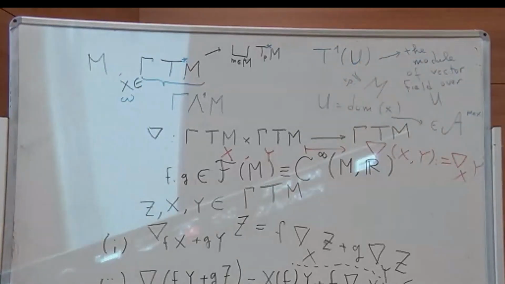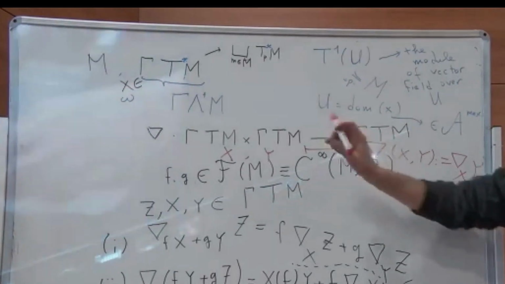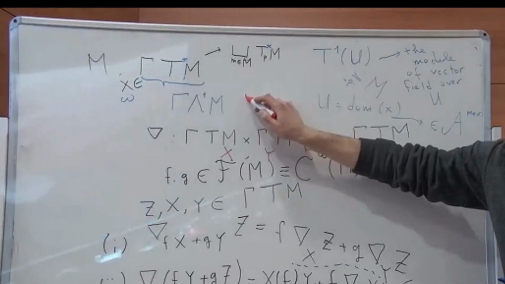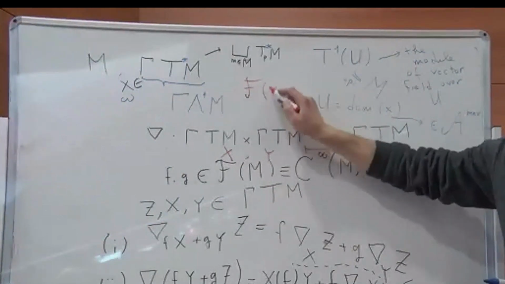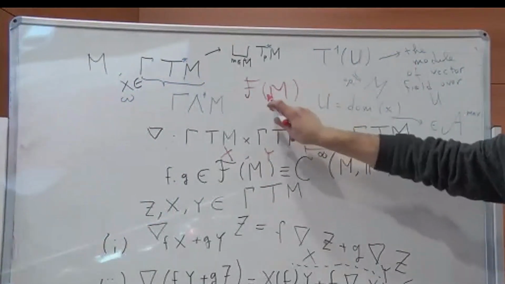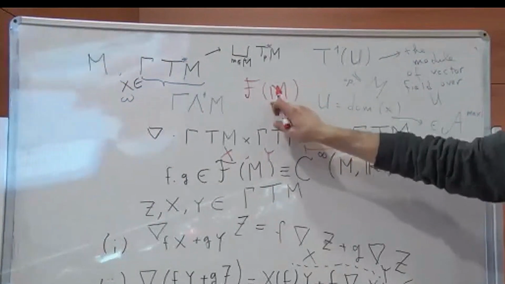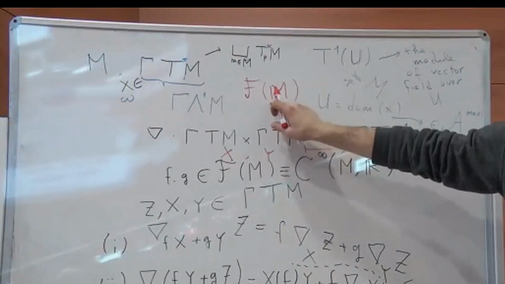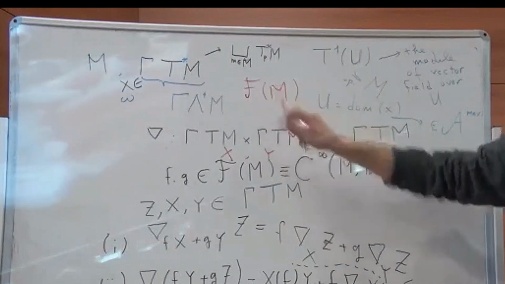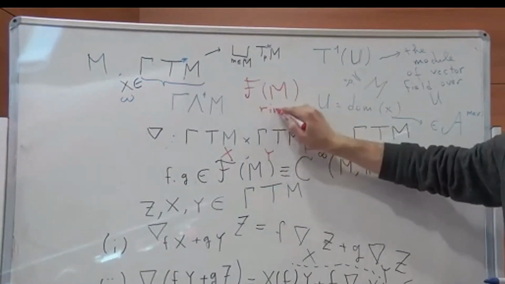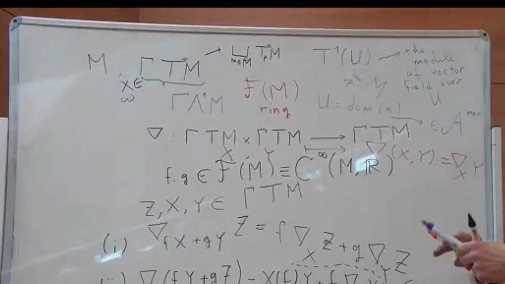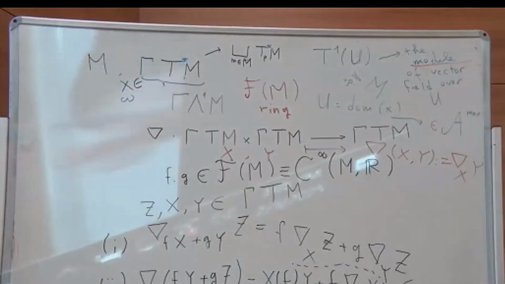So if you want to remember the correspondence between vector spaces and modules, I will also say that the set of smooth functions on a manifold is a ring, algebraically. So this is a ring, this is a module.